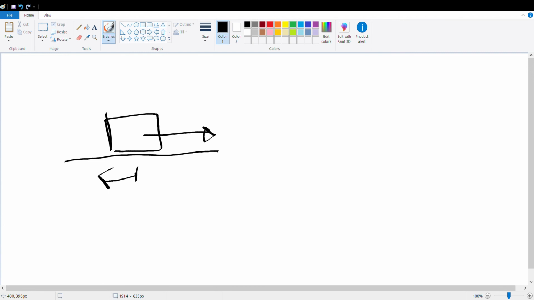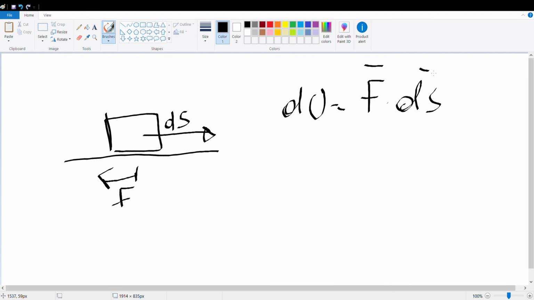So if this is my displacement s and this is my friction force f, my work is going to be f ds, and in this case the scalar product is going to be actually equal to f ds.